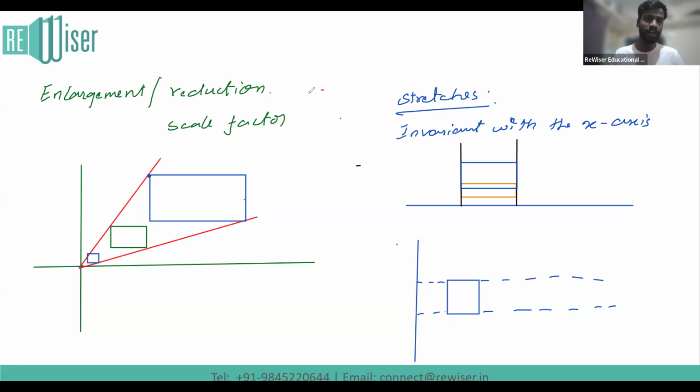So let's say the scale factor is 3, then this is going to be 1 unit means it will be at 3 units. The scale factor is 3 means it would look something like this. And this is how the stretch would work.